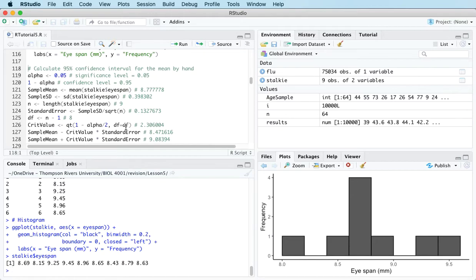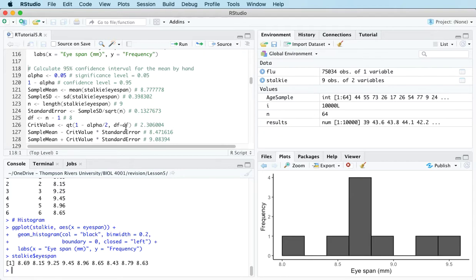So there is not one universal formula for the degrees of freedom. It depends on the particular technique. In this case, when we're calculating a confidence interval for the mean, the formula for the degrees of freedom is the sample size minus 1. So that's the degrees of freedom for the t-distribution in this context.